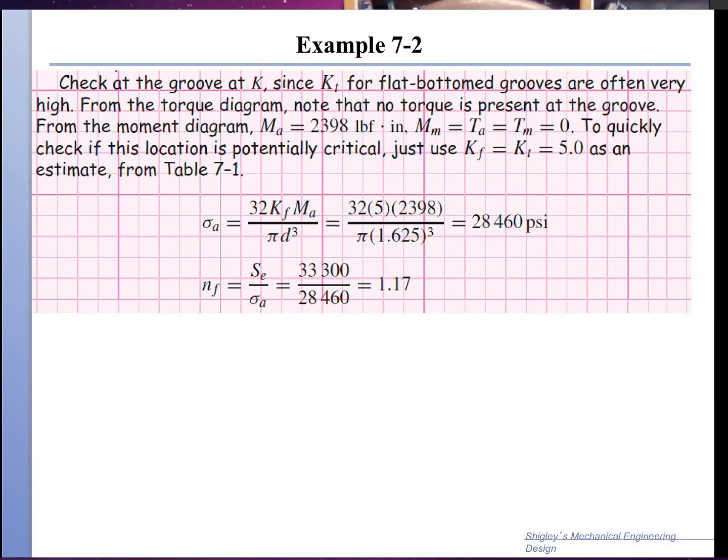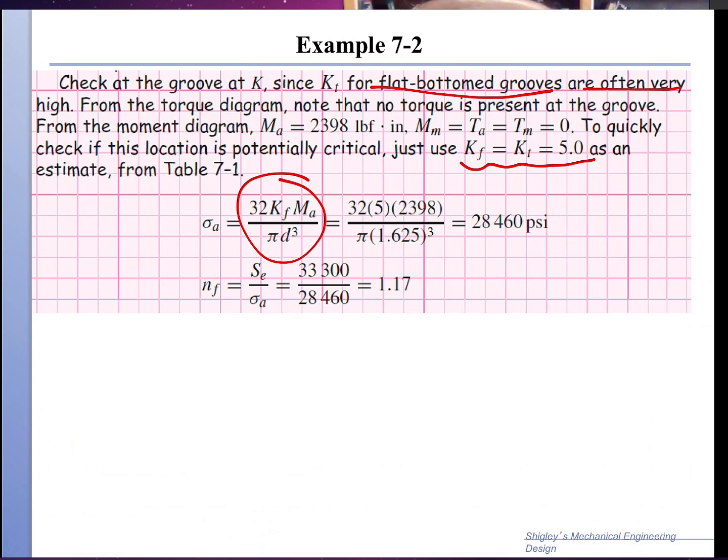Finally, we check at point K, because point K, as I mentioned, has a flat bottom groove that can have a very high stress concentration factor. So when you start with Kf equals Kt equals 5 for the retaining ring, that's a pretty large amplification factor for the alternating stress at this point.